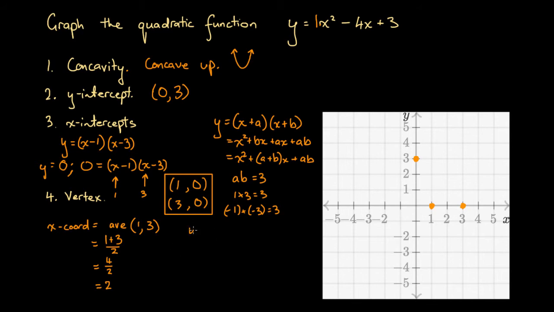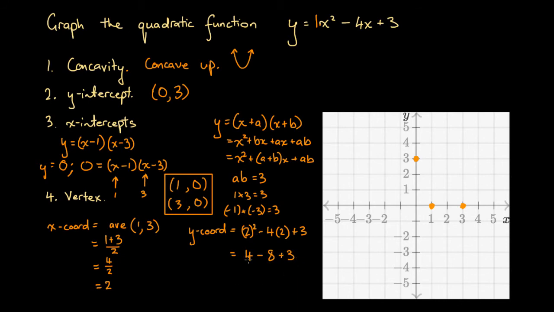So here we'd have the y-coordinate is going to be equal to x squared minus 4x plus 3 when x equals 2. In other words, 2 all squared minus 4 times 2 plus 3. Let's simplify this out. 2 squared is 4, minus 4 times 2, that's minus 8, plus 3.